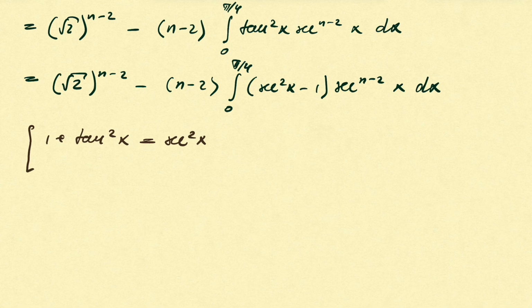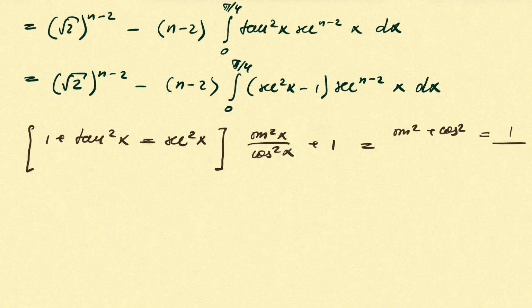Well, some of you may remember it, but if you forget all of these identities, as I do, you might just remember the structure of tangent of x. You know that tangent square of x is sine square of x over cosine square of x. You know that to obtain secant you need to add or subtract 1. Well, if you add 1, it's good, because in the numerator you'll have sine square plus cosine square, and this is 1.